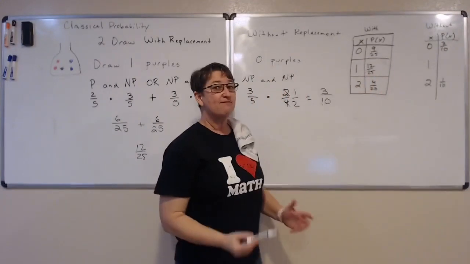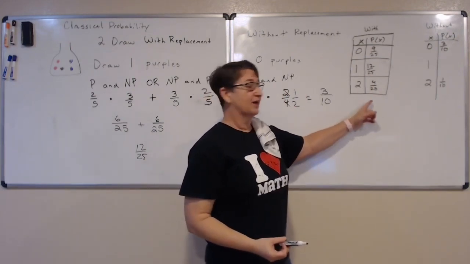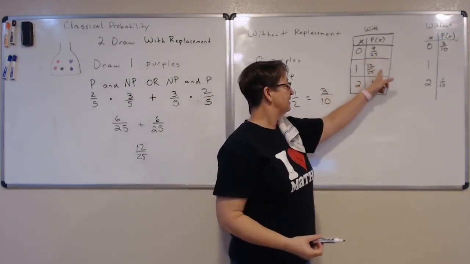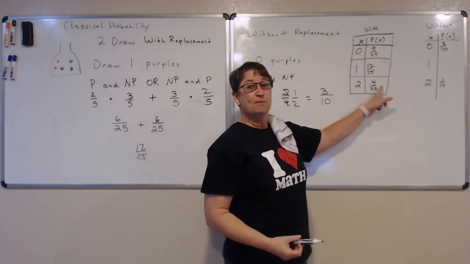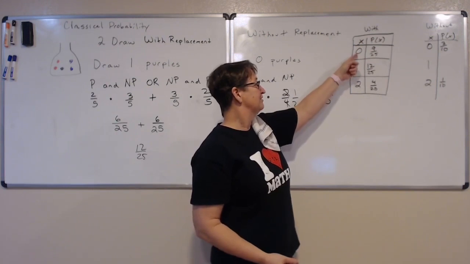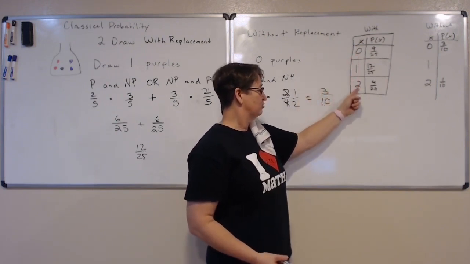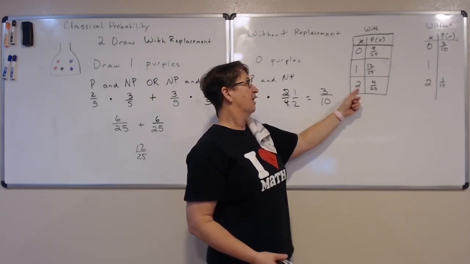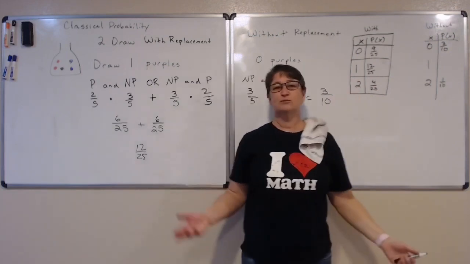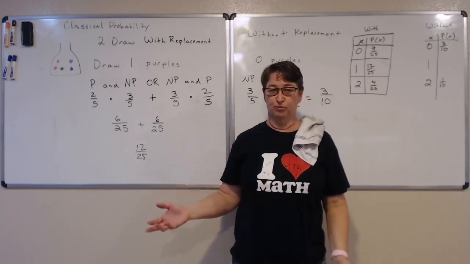And if I've done it correctly, if these probabilities are right, then this plus this should make the whole set. To get 0 or 1 or 2 of the purple marbles, those are the only ways. So if I say, what's the probability that I get 0 purple, 1 purple, or 2 purples?